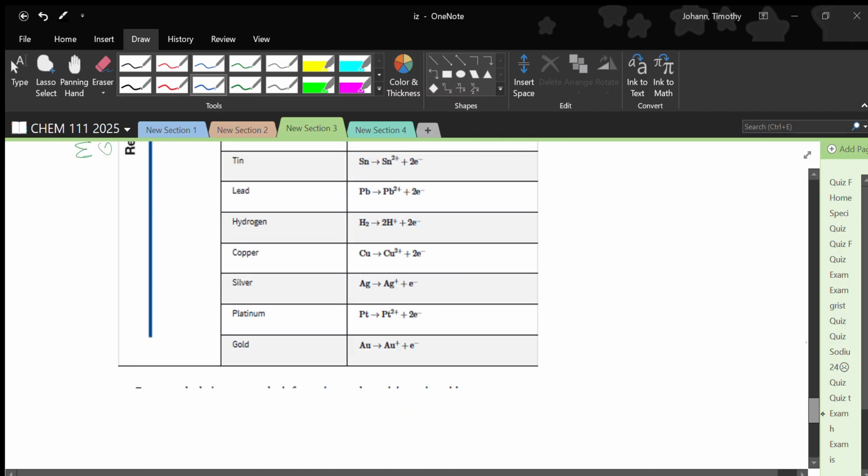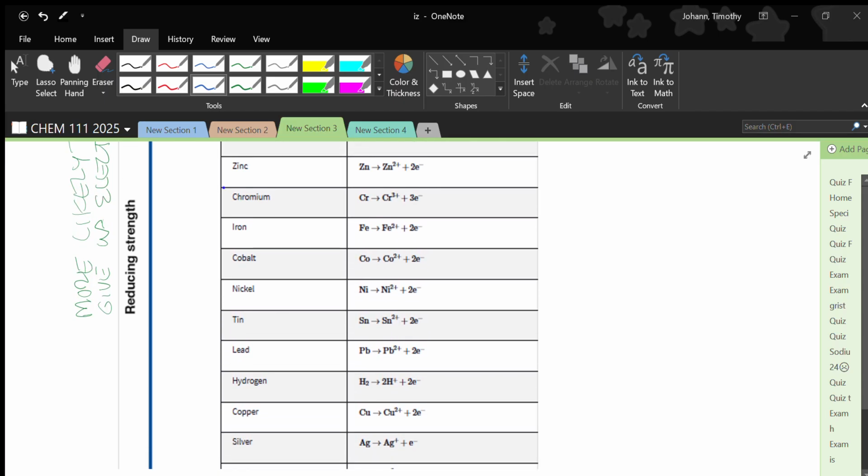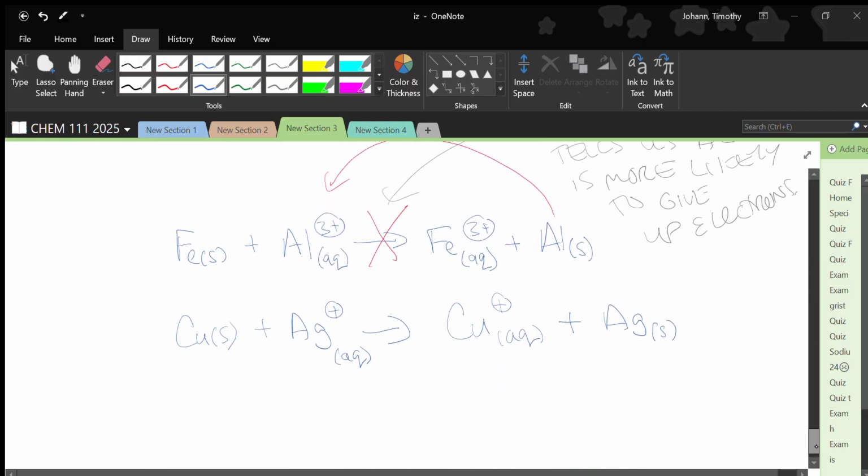So if we go up to our table, we've got silver right down here at the bottom, right? Copper isn't bad either. This is also why you can sometimes see copper tools in a museum. It's better with bronze, actually, it becomes more stable. But you see, silver, copper is more likely to give up electrons, so we can do our reaction. Here it's actually going to copper plus 2. We're not going to worry about that right now.